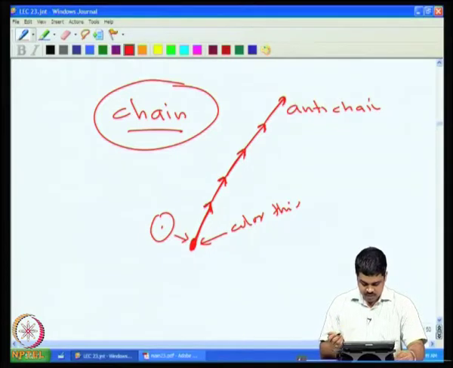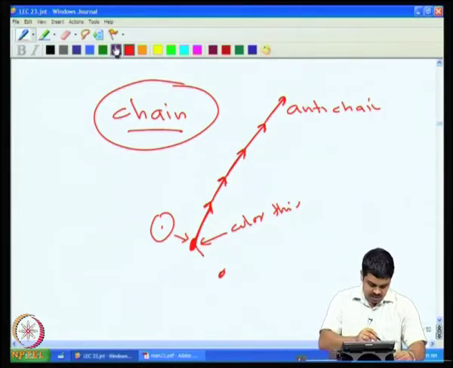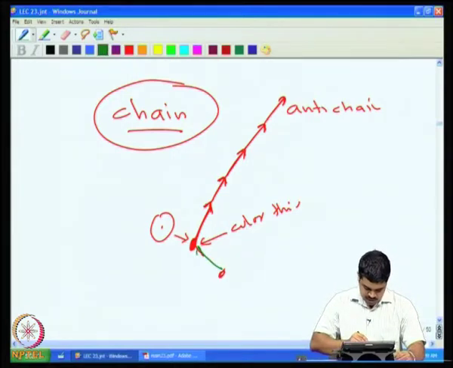So, is it a proper coloring? Suppose not, then there should be an edge like this, where the edge direction can be like this.